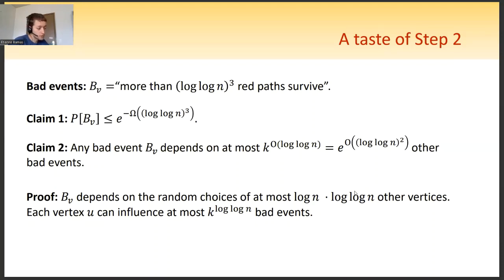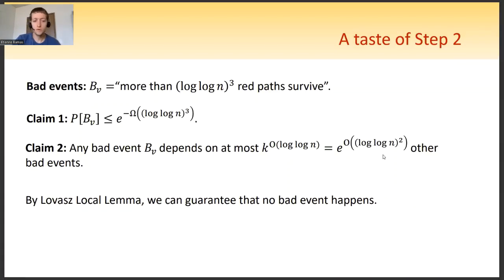And now the random choice made by a vertex U can only influence the bad events of some other vertex if that other vertex is in the closed subtree rooted at vertex U. So there are at most this many. So you take the product of the two, and you get at most this many other dependencies. And you can show that the dependency is at most exponential in polylog log n.